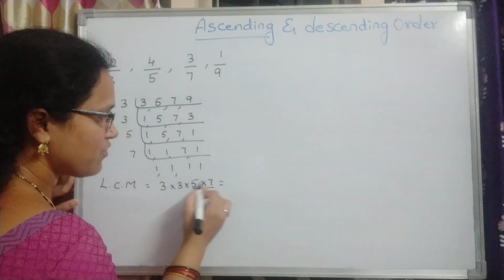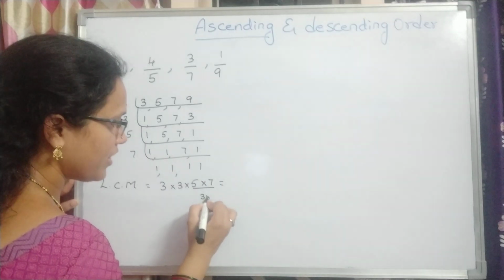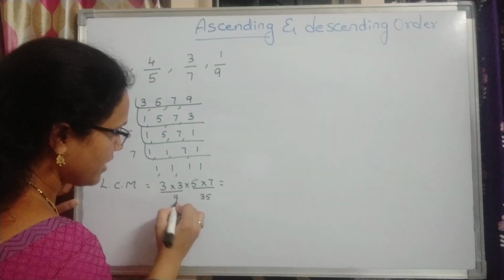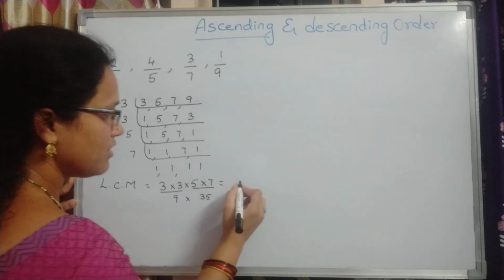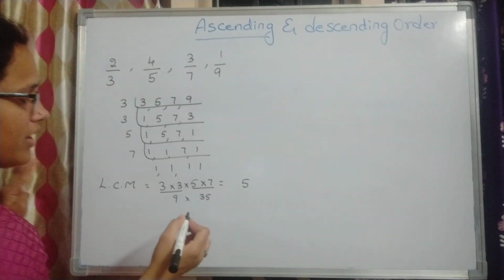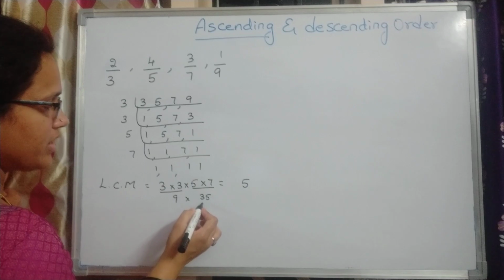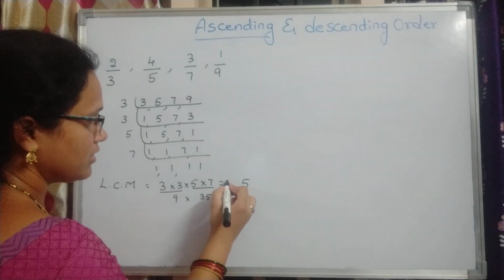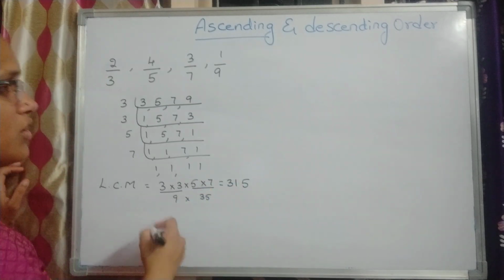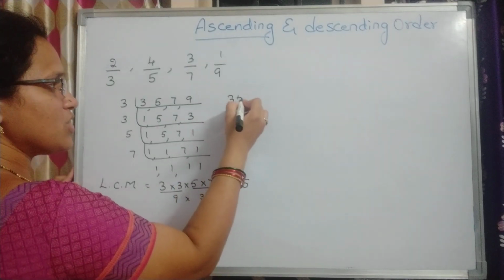Which gives you, see, 5 sevens are 35, 3 threes are 9. So if I multiply these both, it is enough. So 9 fives are 45, okay, and 9 threes are 27, plus 4, 31. So 315. You can just multiply it at the side, children, and see.